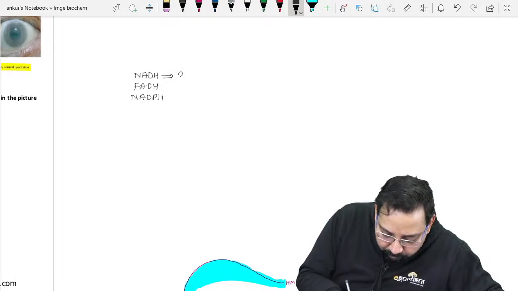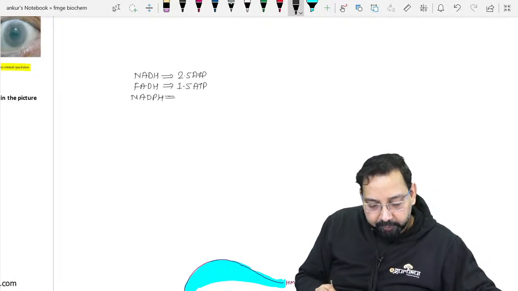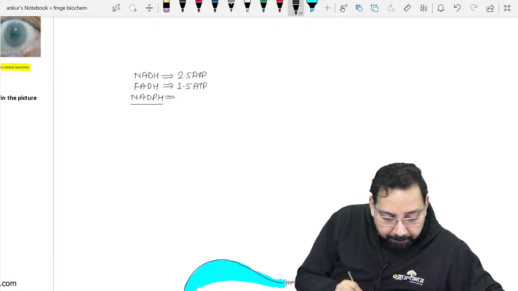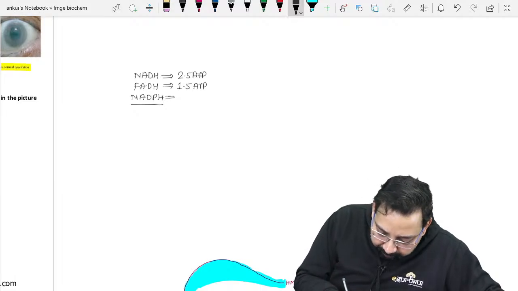NADH produces 2.5 ATP, FADH produces 1.5 ATP. NADPH produces how many ATP? Please do reply. No ATP, 0 ATP.